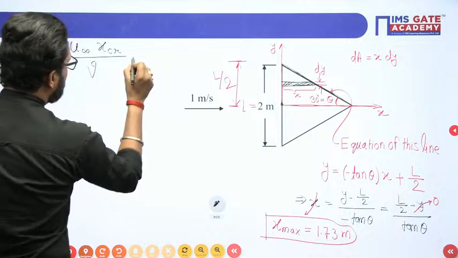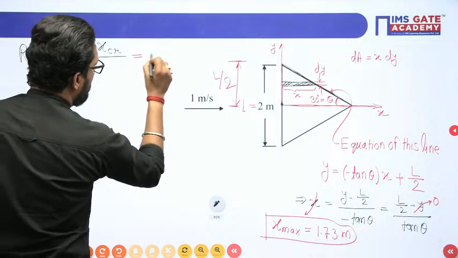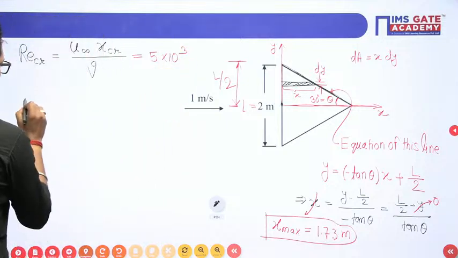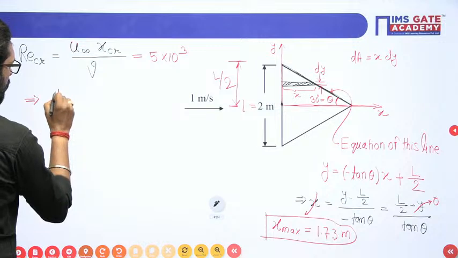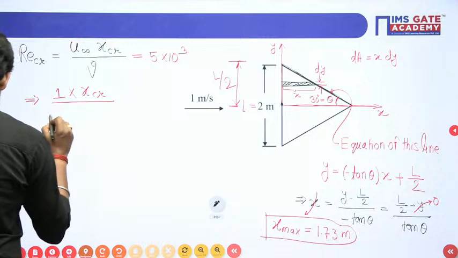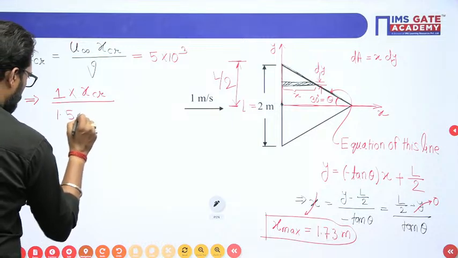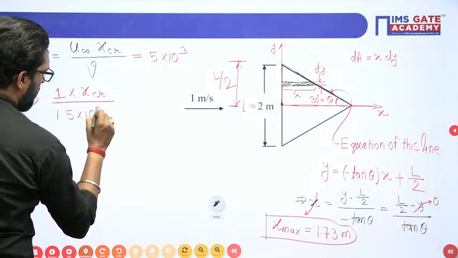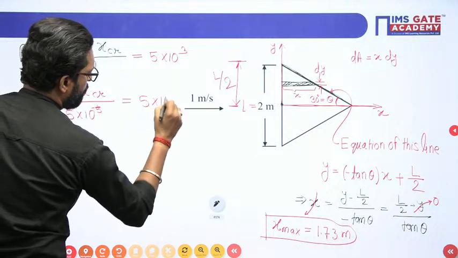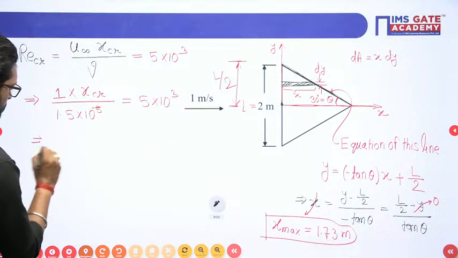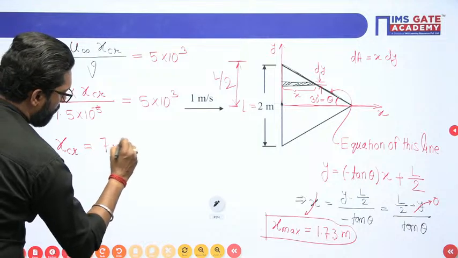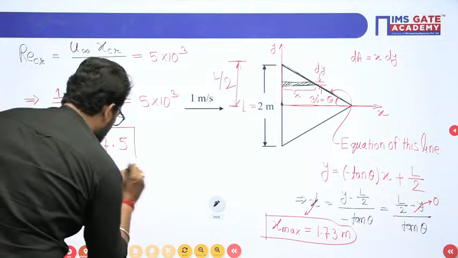For flow over a flat plate, the critical Reynolds number is 5 cross 10 to the power 3. U is given as 1 meter per second, XCR is unknown, and kinematic viscosity is given as 1.5 cross 10 to the power minus 5. This equals 5 cross 10 to the power 3. From here you can easily find the critical distance. What is that? 7.5.